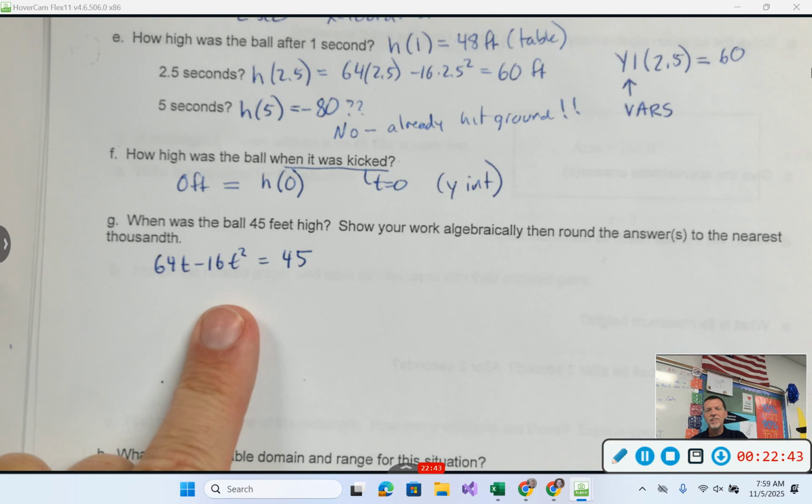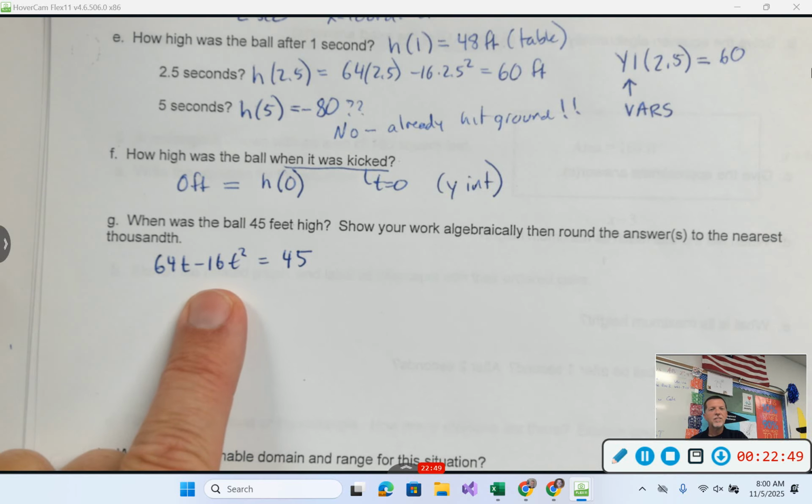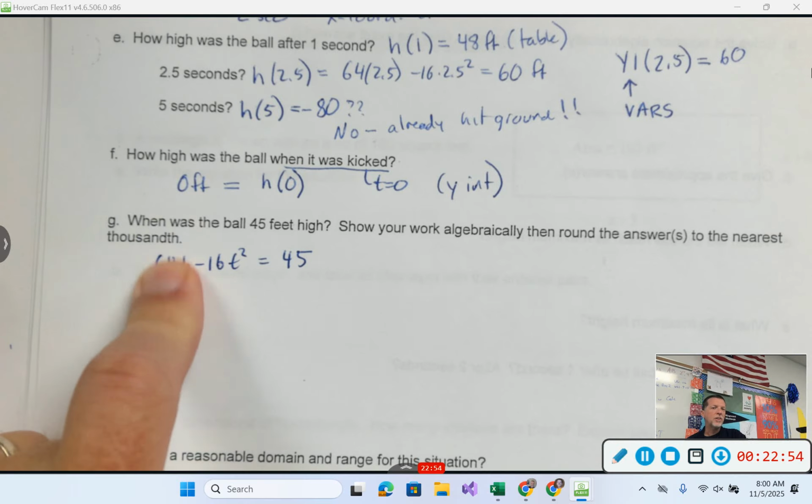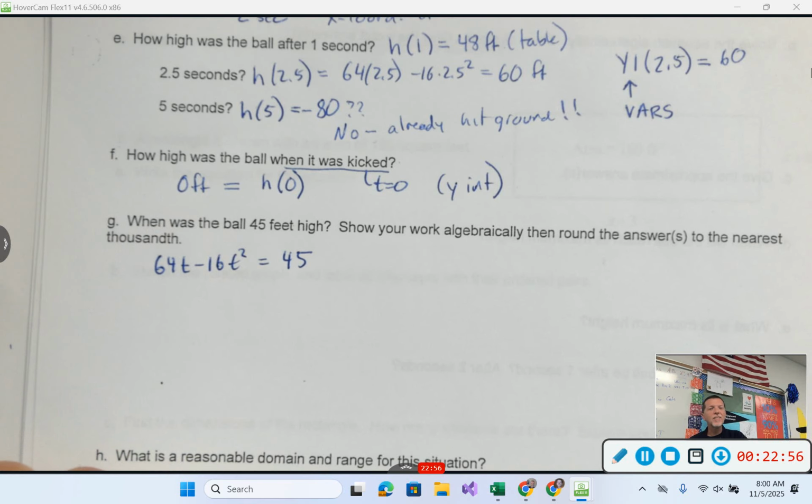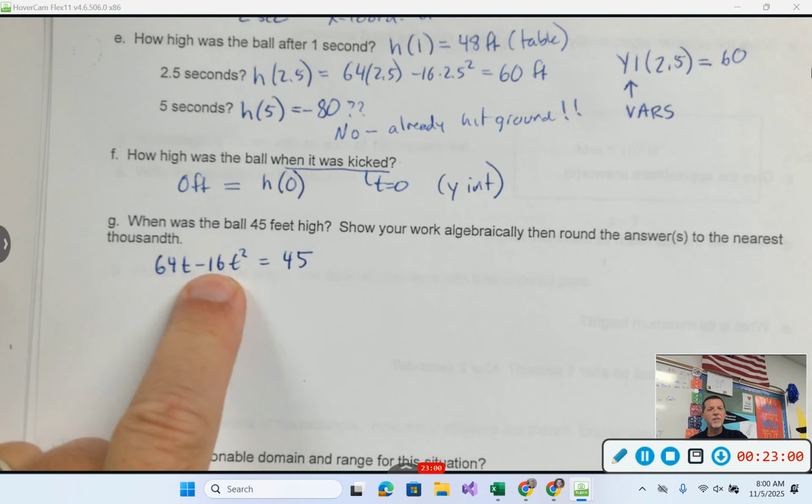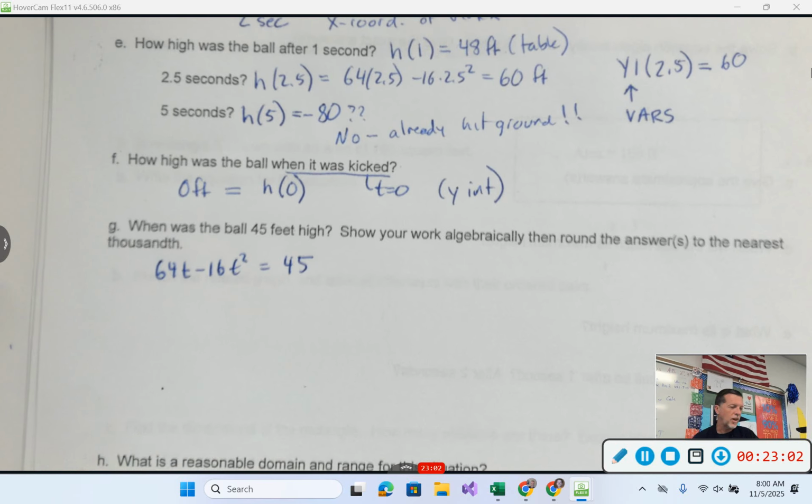Well, those are weird numbers, so I'm guessing it doesn't factor. Square root method only works if there's not a b term. You're going to have to use the quadratic formula. Or complete the square, but that'd be really weird because you have to divide by 16 and then you'd have all kinds of weird fractions.